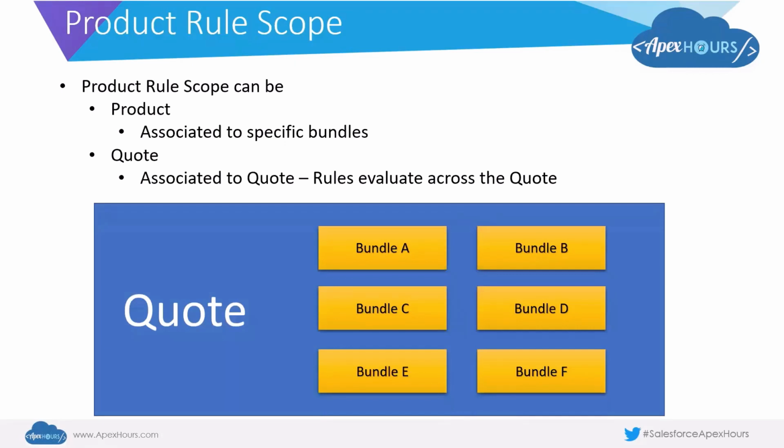So in a well-defined CPQ solution, the vast majority of the configuration logic needs to be contained within the configurator. It is designed for the purpose of taking the users through the process of configuring the bundles, selecting the right options, and validating it.